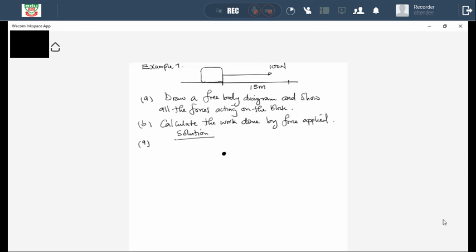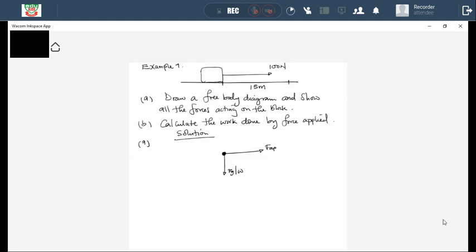So the first force that we can see there, which we cannot dispute, is the force applied, which is going to the right. So you indicate your force applied there. And then this object has got mass, so it has got weight. So it is always downward. So this represents my Fg or weight.